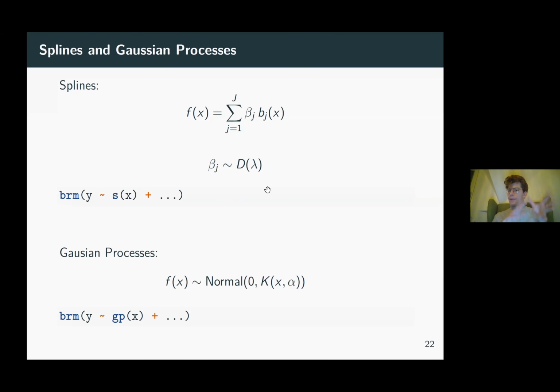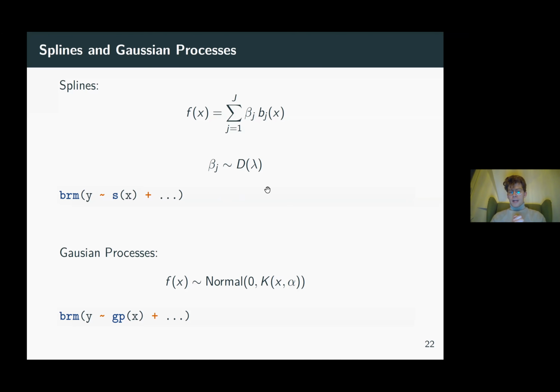So all of them are coming from the same distribution, and those hyperparameters lambda are also estimated from the model. So in a sense, we can represent splines as multi-level terms. This is the internal representation used by BRMS. And those regularized splines using this multi-level structure at least help make sure that we don't overfit too much.